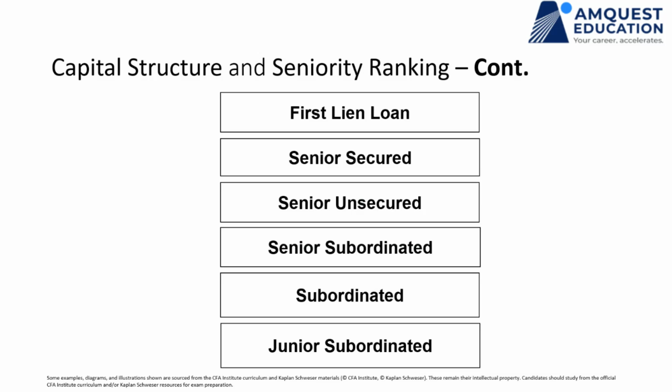So you could have all of them, and within subordinate also you could have senior subordinate, subordinate, junior subordinate. You can create hierarchies. So it's not something which is a problem to that extent. It's a customizable arrangement. But yes, the higher the seniority in the ranking, the lesser the probability of default.